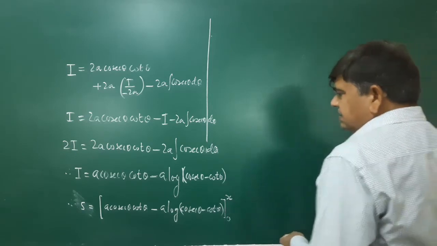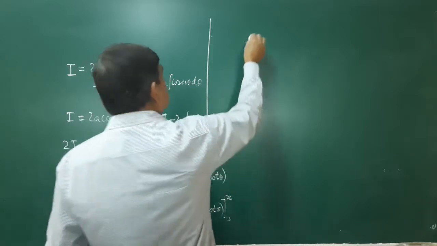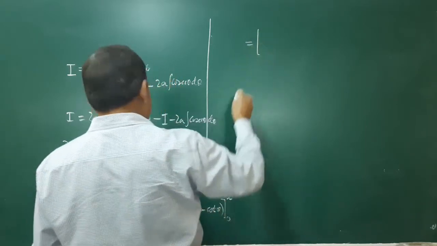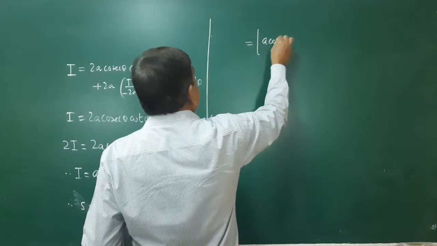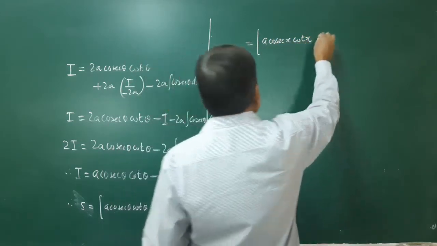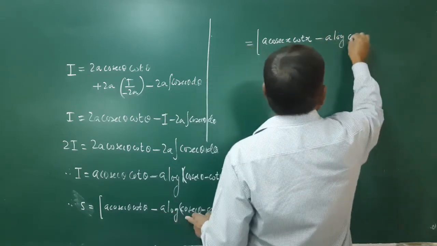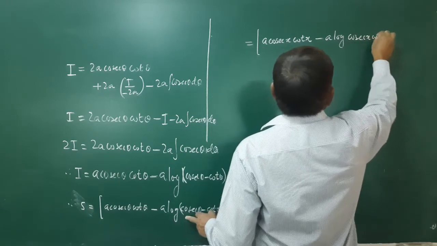Definitely it is time consuming. So a cosec x cot x minus a log of cosec x minus cot x.